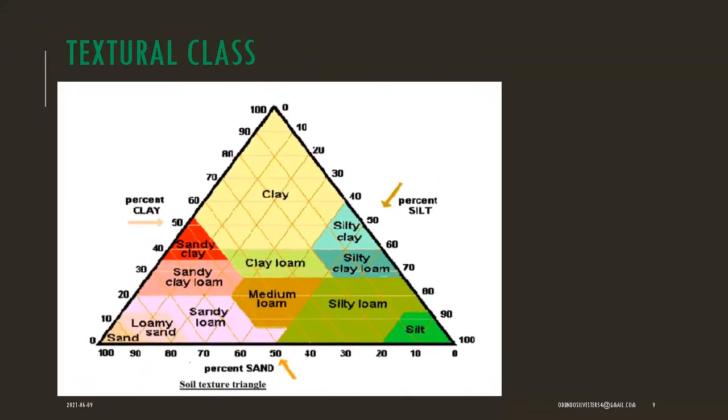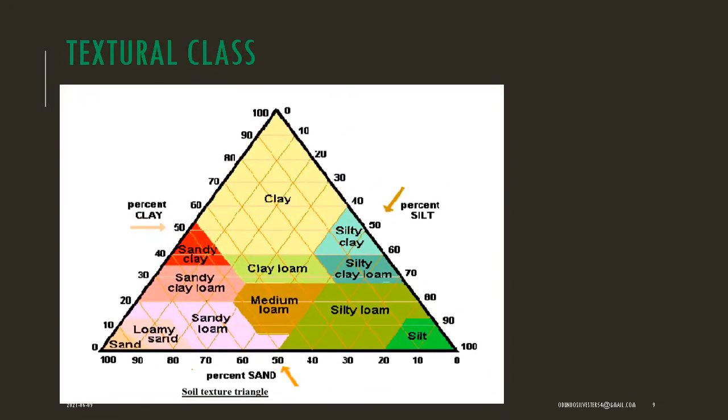So if you want to know the textural class in which the particular soil falls, then we have a triangle that we refer to as the textural class triangle. Now, this triangle is very, very important. Remember, it has percent clay on one side, percent silt on the other side, and percent sand. Following those arrows from the origin, depending on the particular percent that you have gotten, it is easier for you to know.